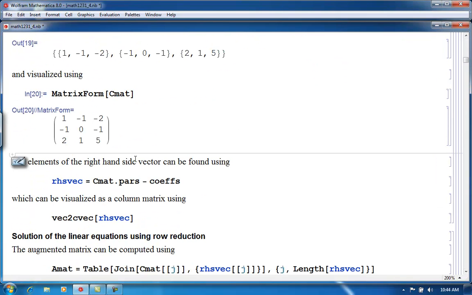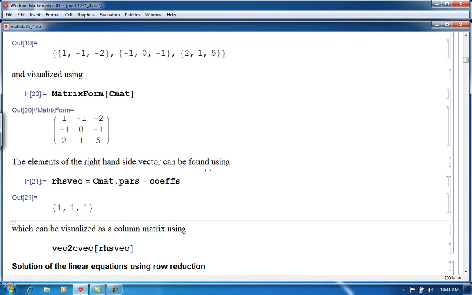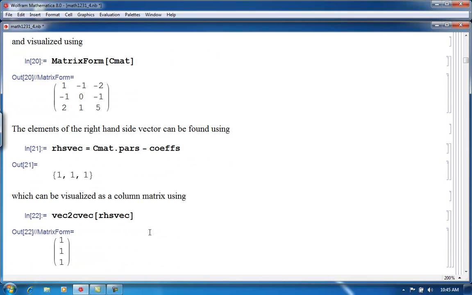To calculate the elements of the right-hand side vector, we take the product of the coefficient matrix with the vector of parameters and subtract off the coefficients. We do that, and that's the vector 1, 1, 1, and we can visualize that as a column matrix using that.